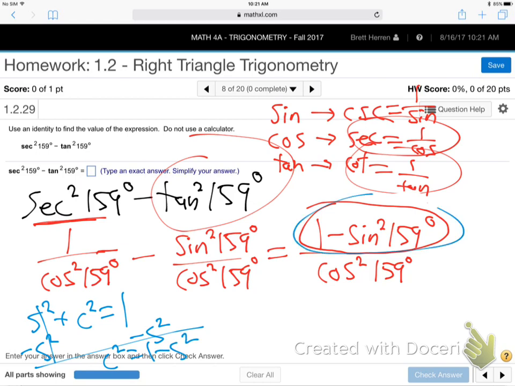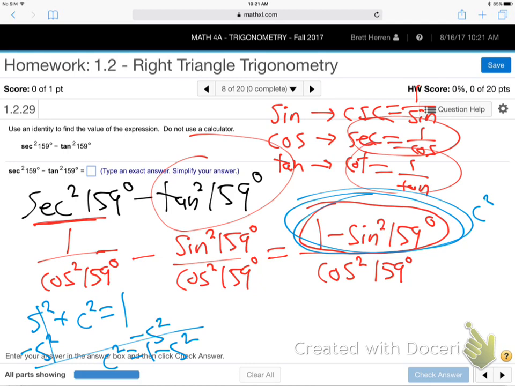So that means this, 1 minus sine squared, is really what? Cosine squared. Am I going too quick? Did you see that? Because of this fundamental identity, sine squared plus cosine squared is 1, if you subtract sine squared, cosine squared is 1 minus sine squared. So whenever you see 1 minus sine squared, you want to think cosine squared. It's just going to happen all the time.